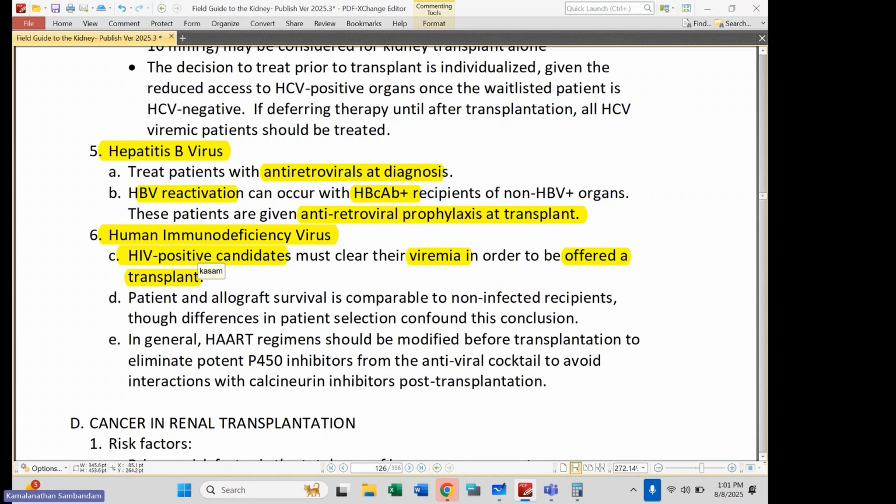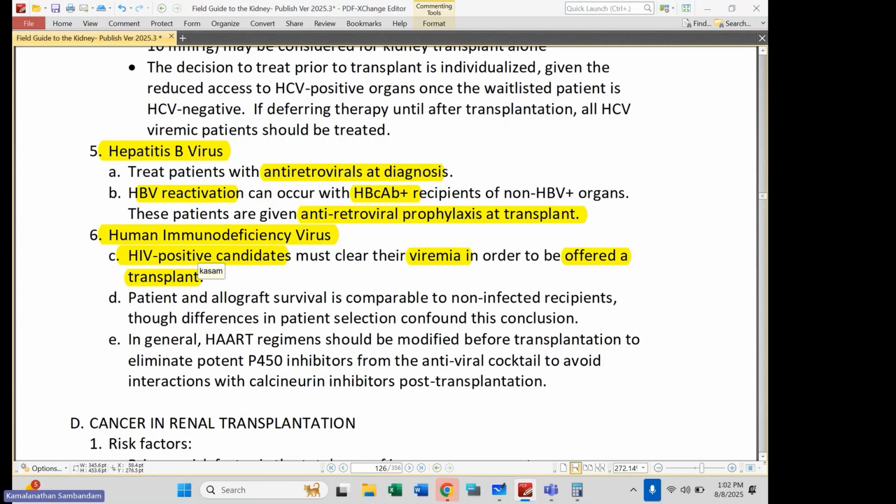That used to be forbidden by law. Now there was a recent passage of the HOPE Act, which allows for transplantation of HIV positive donors into HIV positive recipients. That can be done legally now, and our institution will do that. But again, still the donor or the recipient needs to be well controlled, meaning non-viremic.